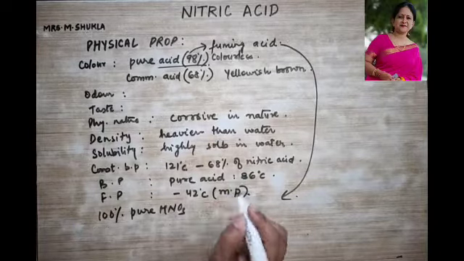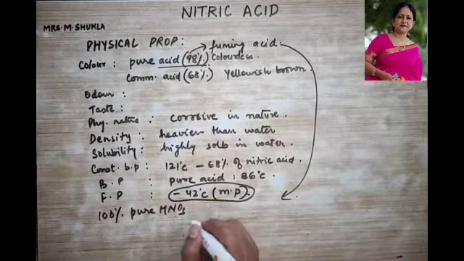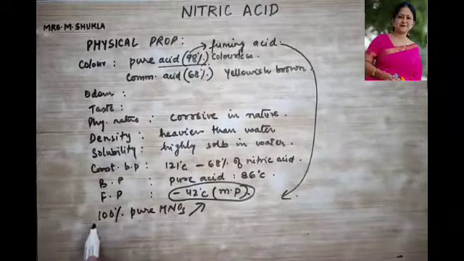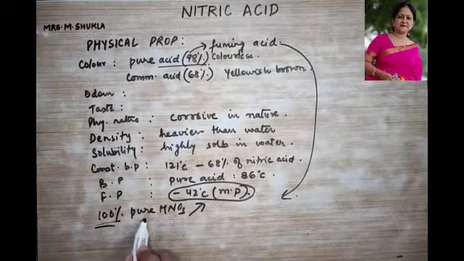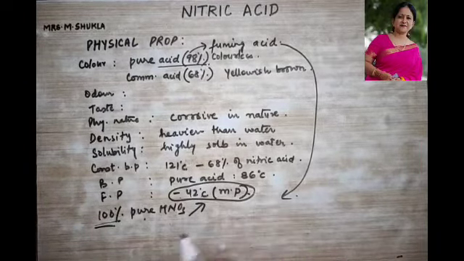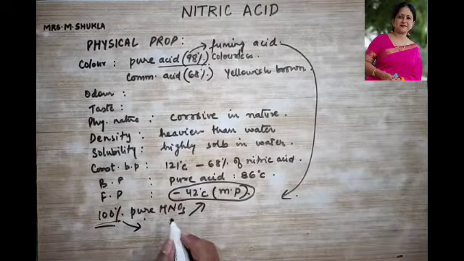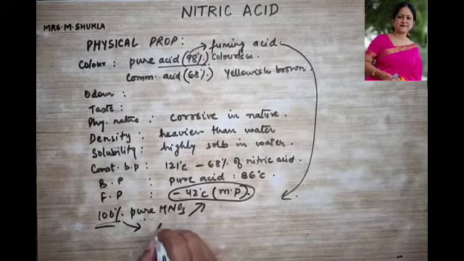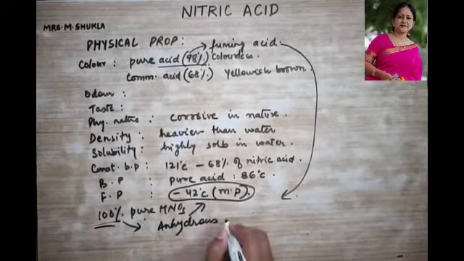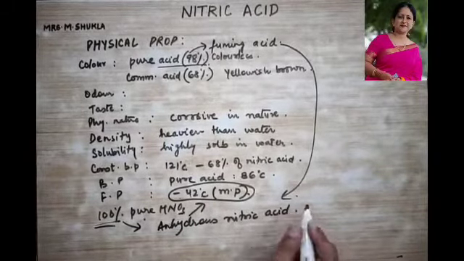This can be separated at -42°C. So this 98% fuming acid can be converted to 100% pure crystals at -42°C. And this 100% pure nitric acid is also called anhydrous nitric acid.